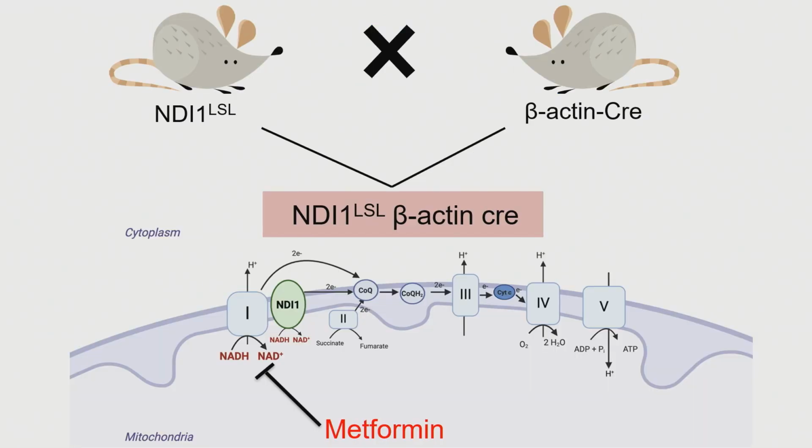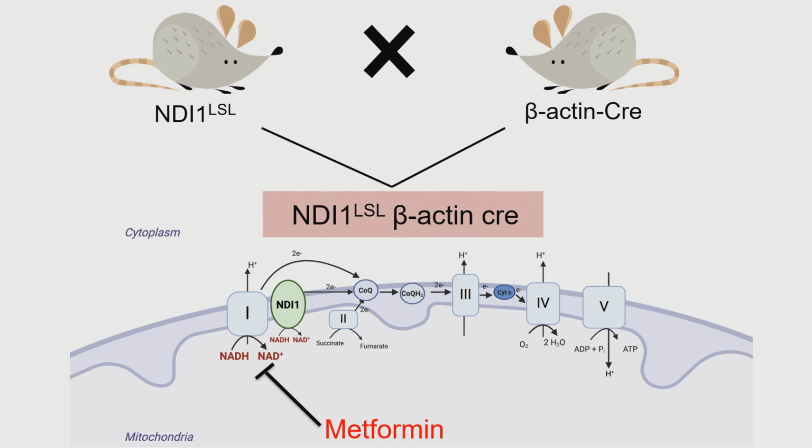So this is what the mouse would look like. You would have the endogenous complex 1 still around, and wherever your Cre recombinase is active, heart, muscle, pancreas, gut, NDI1 gets expressed. And in that particular cell, you have a complex 1 around and an NDI1. You have both of them around, and we can talk about the caveats that go with it.